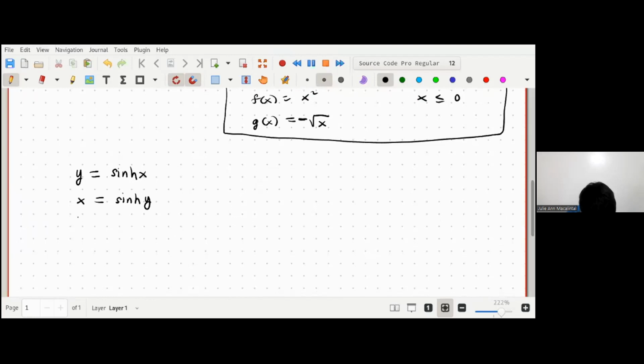Tapos ano ba yung hyperbolic sine of y? Ang hyperbolic sine is defined as e to the y minus e to the minus y over 2. Kita ba? Sige. So, gagamitin natin transformation na y goes to x gets replaced by y. I'm going to multiply both sides by 2. So, we get this. And then we're going to solve for y.